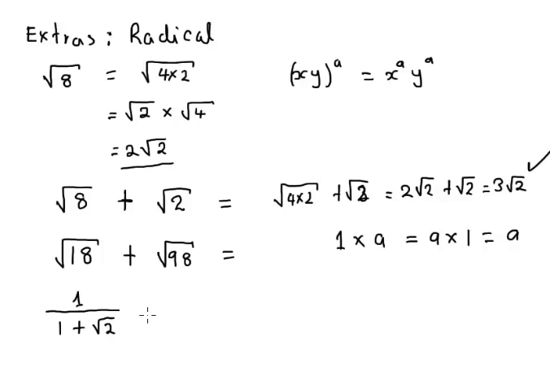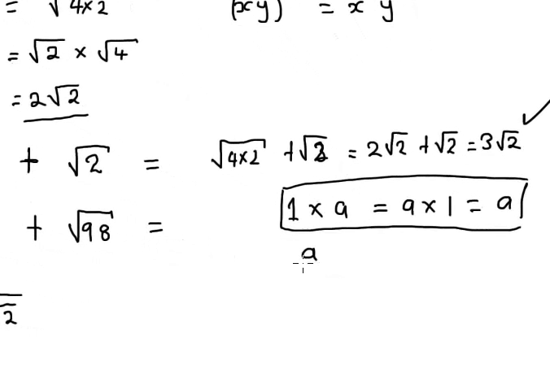The trick is, how do we do that? We need to know this. First, we need to know this. Secondly, we need to know that a over a is equal to 1. Thirdly, another tool which we need, we need to remember that a squared minus b squared is equal to (a minus b)(a plus b).